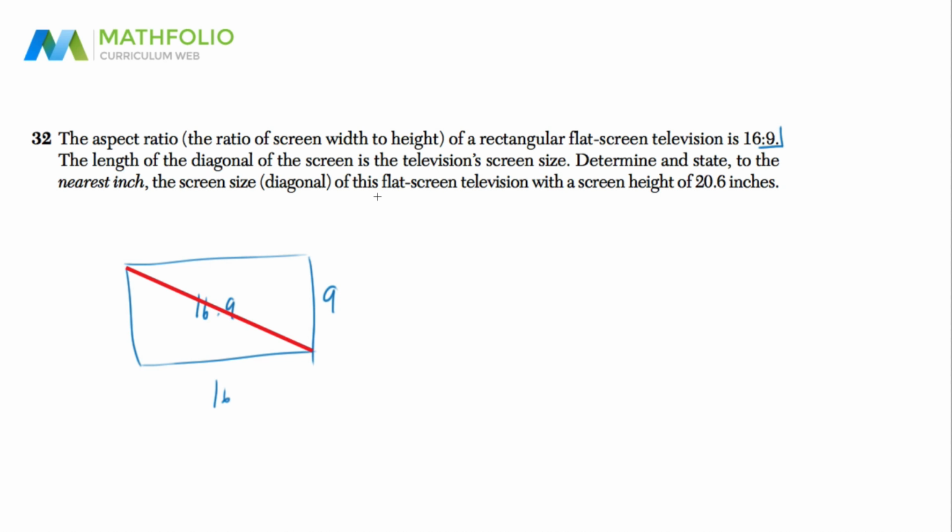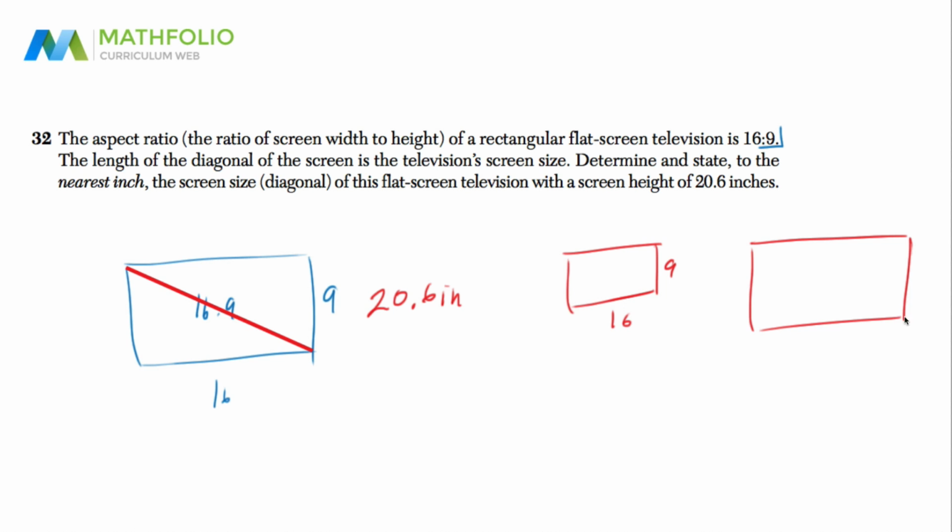And it tells us that the screen height is actually 20.6. So keep in mind they've told us that it's a 16:9 ratio, but they've now told us the height is 20.6 in real life inches. So we've basically got the little model, which is just a 16:9 ratio, and then you've got the real full size TV where this is 20.6, but they're trying to find this thing, they're trying to find the X here.